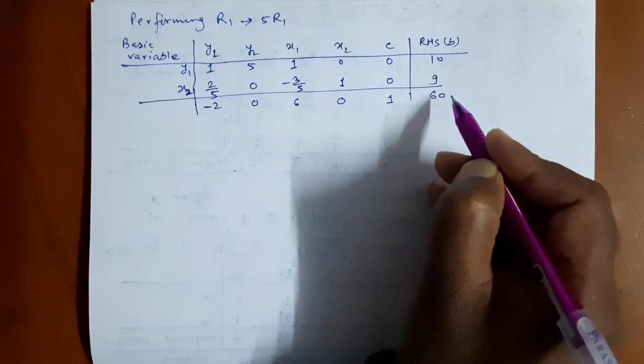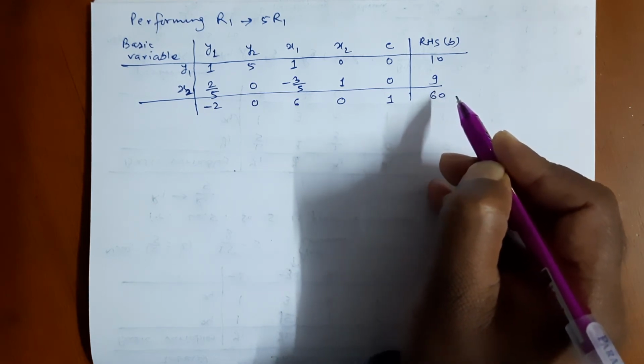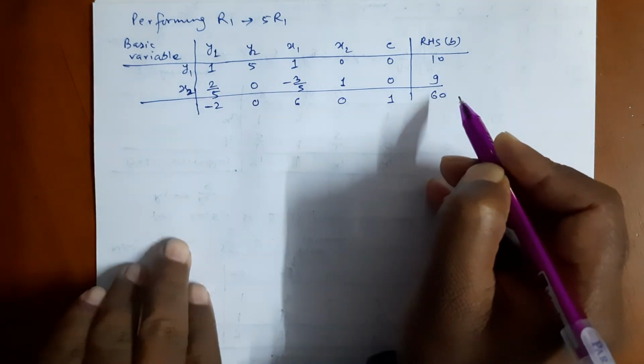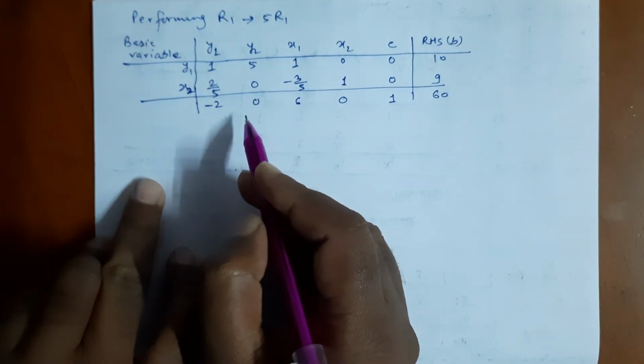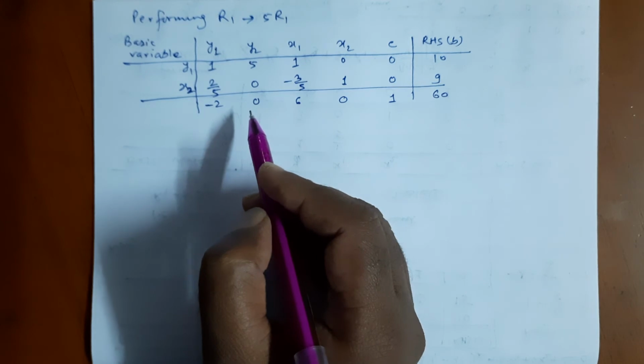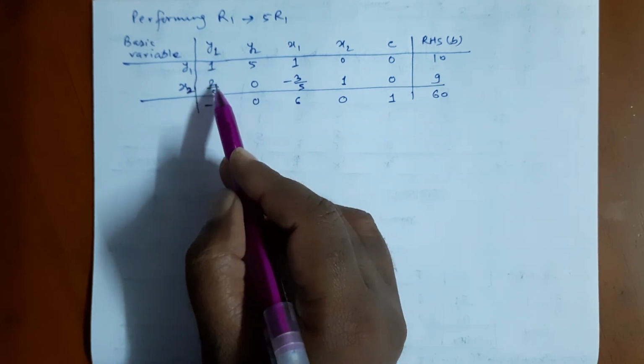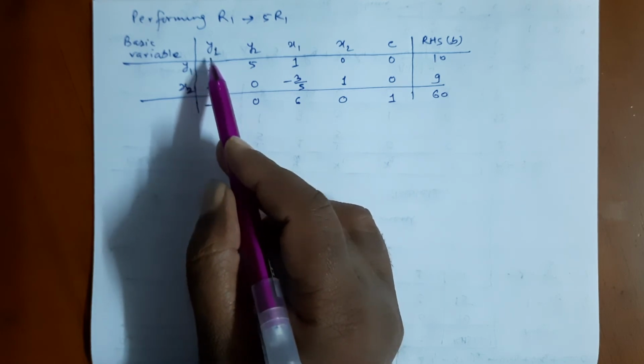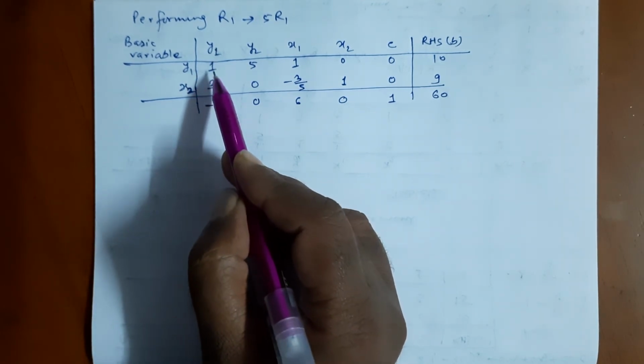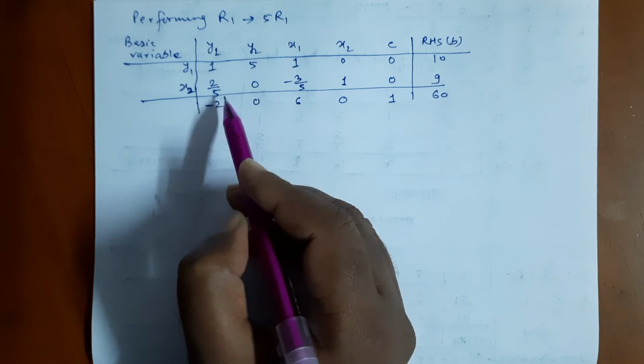Our next work, like before, is to make the other elements except the pivot element 0. In this pivot column, except the pivot element, we should make the other elements 0.